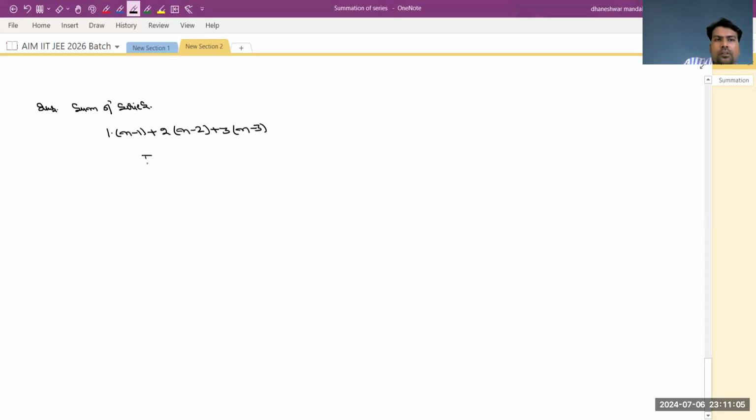So if I want to calculate the rth term, yes, I can do it. We have t of r, then I can find the sum.